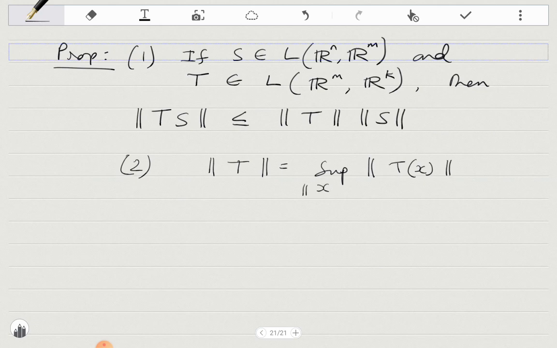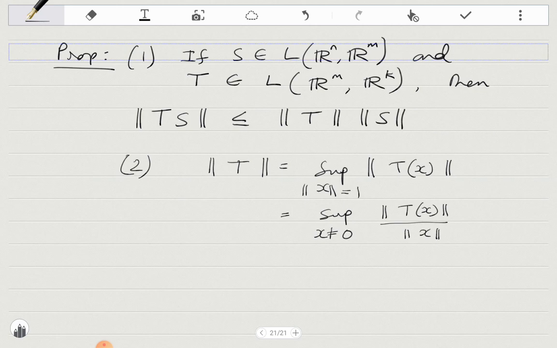Instead of taking the sup over all x whose norm is less than or equal to 1, I can confine myself to unit vectors. And in fact, I can also take norm Tx divided by norm x, and take the sup over all non-zero vectors. So we have three ways of writing down the sup. They all give the same answer.